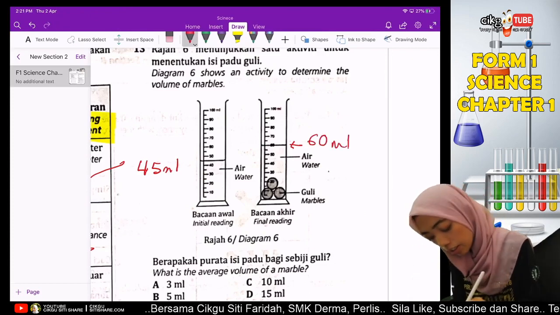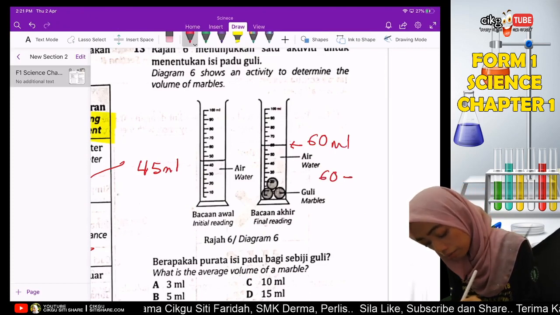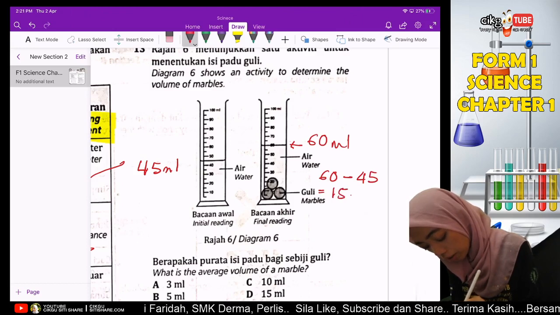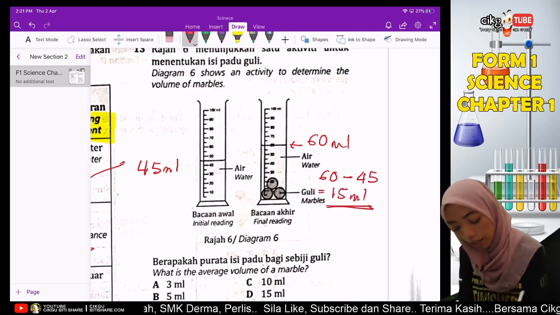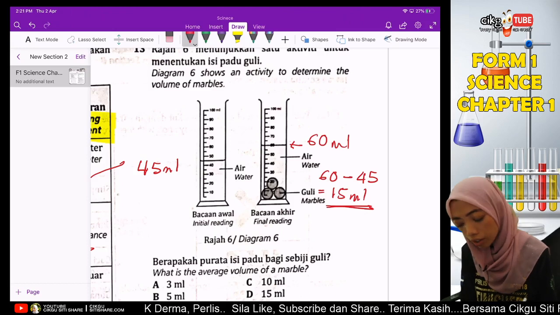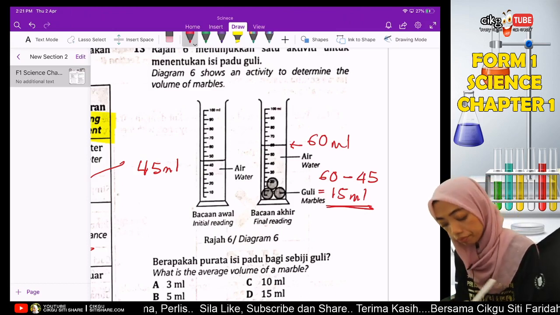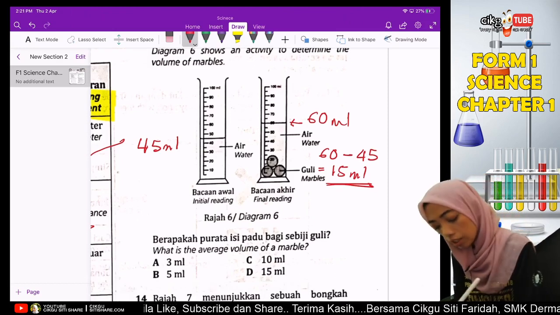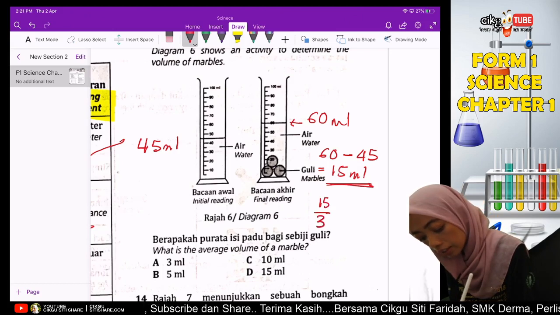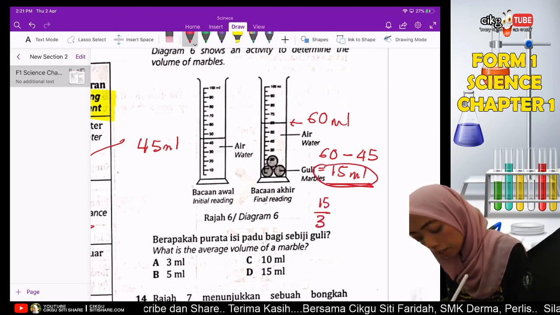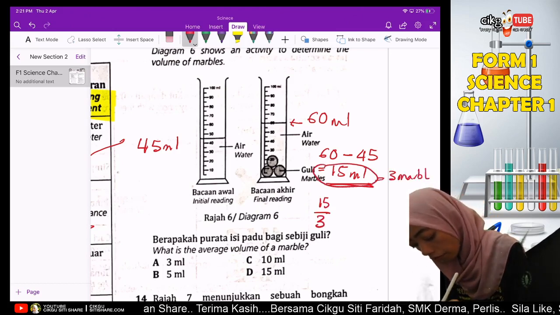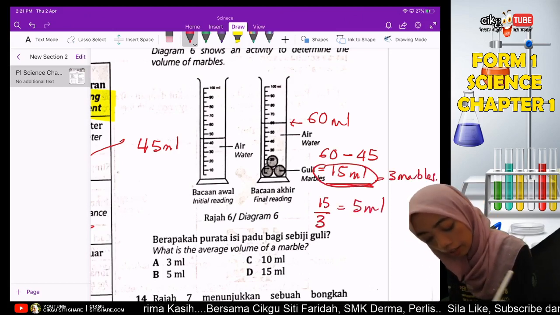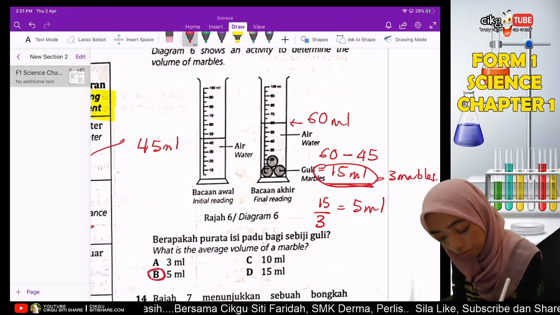So marble is 60 minus 45, we get 15 ml. So 15 ml is the volume for 3 marbles. For 1 marble, we divide 15 by 3, because this 15 ml is for 3 marbles, we get 5 ml. So the answer is 5.